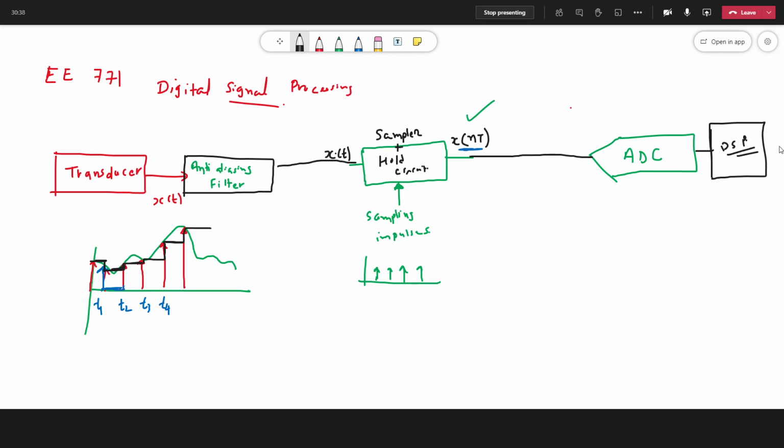The speed of this processor is tremendously fast, and generally it is given in one of three units: million instructions per second, mega floating point operations per second, or giga instructions per second.